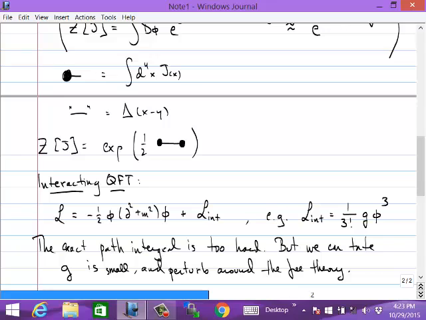I will make one comment, which is that there is a very rich subject of what's called lattice quantum field theory, or numerical quantum field theory, where people take integrals that they can't do exactly, such as path integrals of this sort, and they develop numerical techniques for studying them. And for studying quantum field theories without any small coupling constants, this is really one of the best ways to proceed.